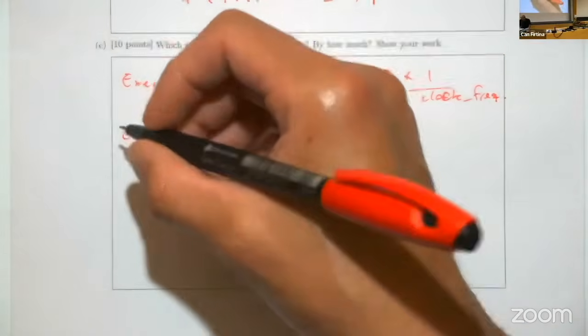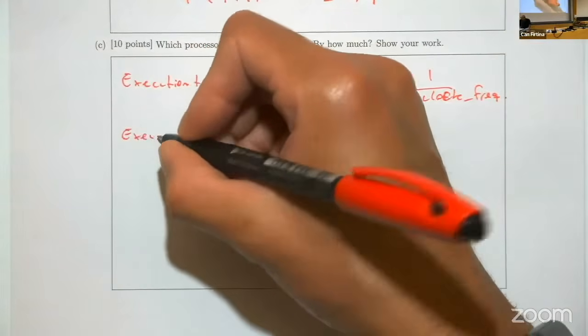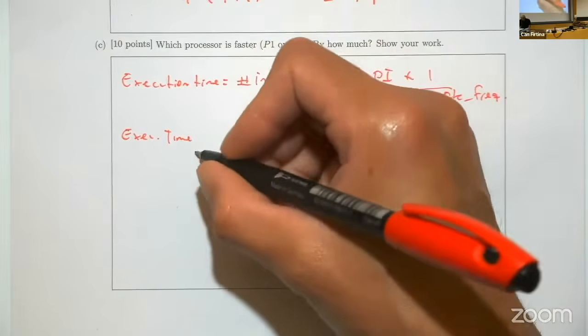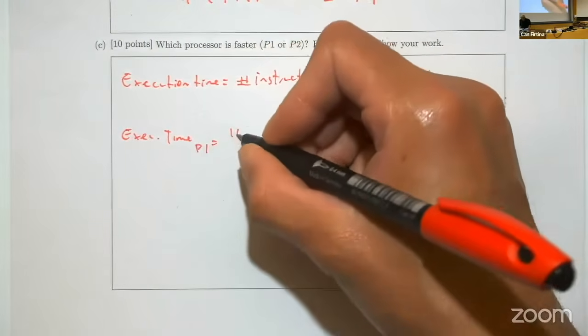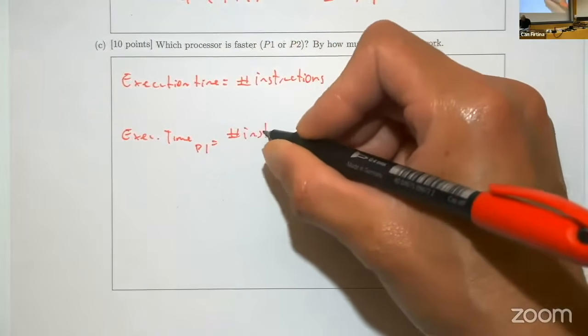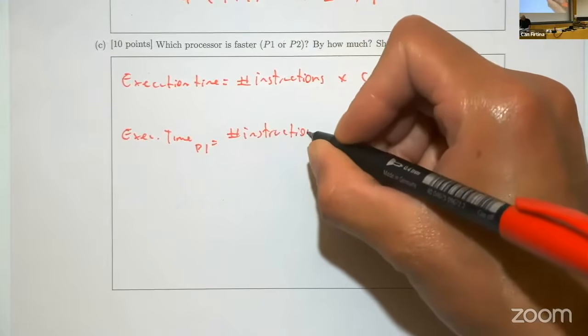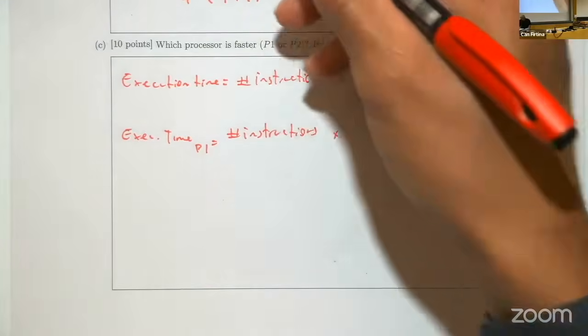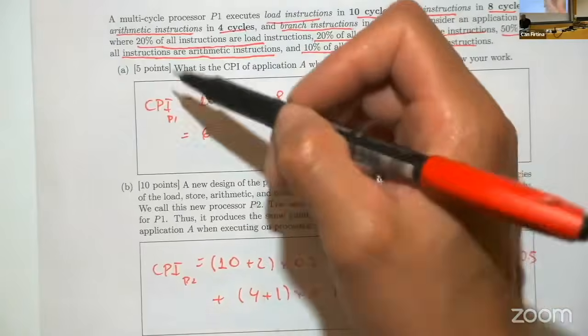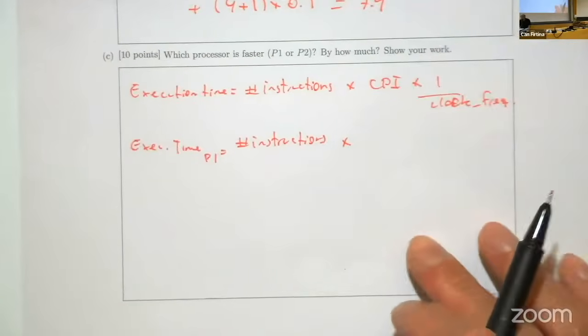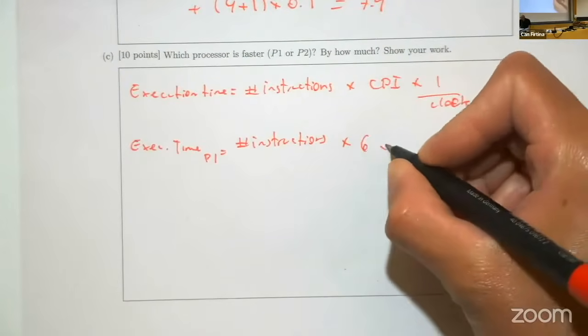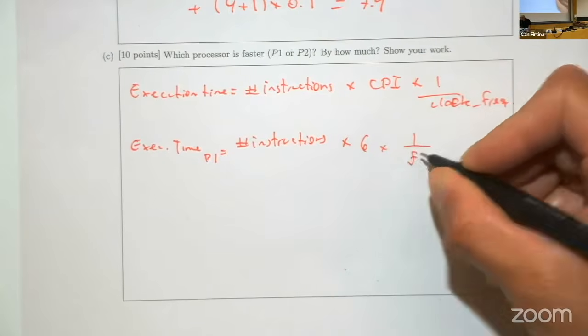So the execution time of processor 1 is going to be the number of instructions that is executed times the CPI that we calculated in the previous question, 6, times 1 over its frequency.